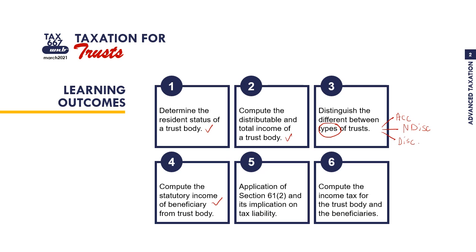And what is more important is how this application will affect the tax liability of the trust body as well as the beneficiary. Last but not least, the outcome for this chapter is we are going to compute the income tax for trust body and the beneficiaries.